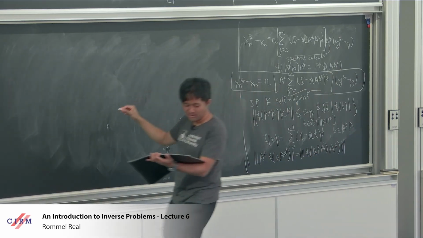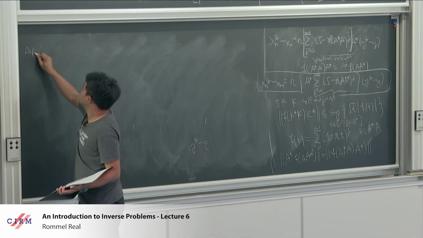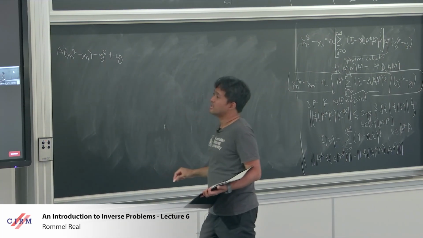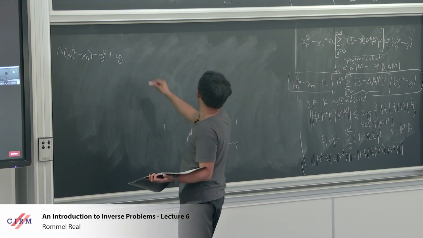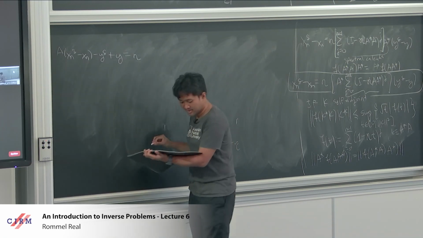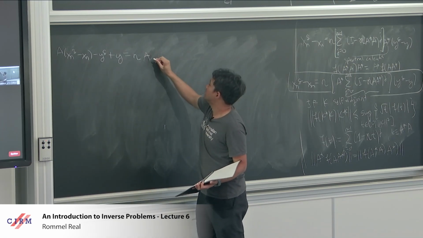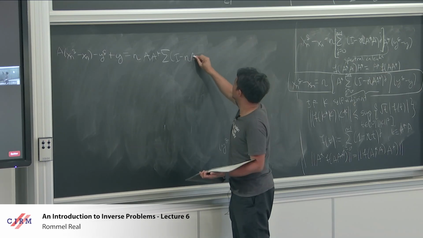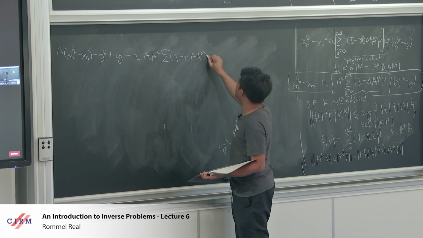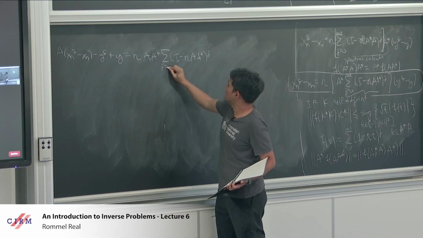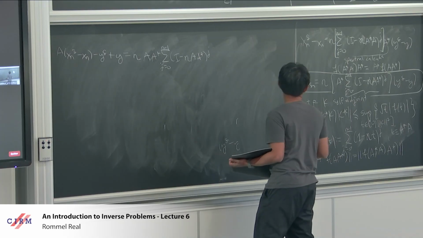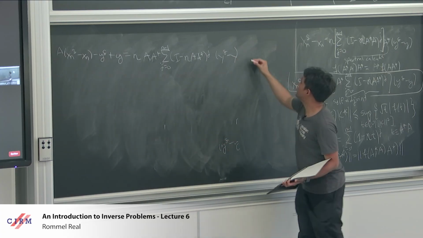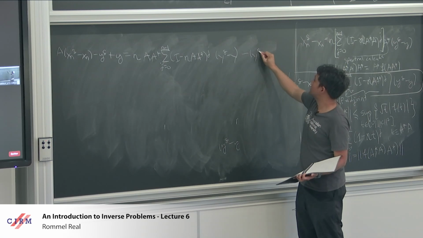So from that, we can see that A times x_n delta minus x_n minus y delta plus y is equal to eta times I times A star times that sum over there, A times A star, and then times y delta minus y, and then minus, I'll just group it in this way.